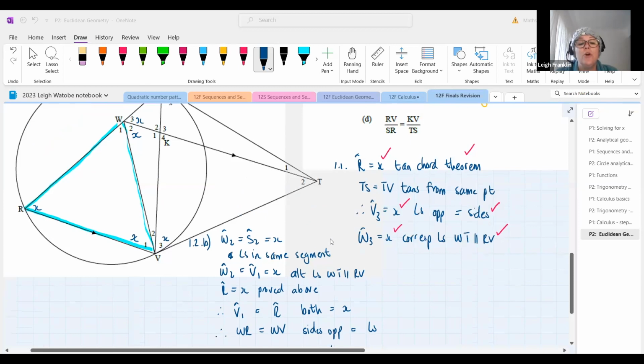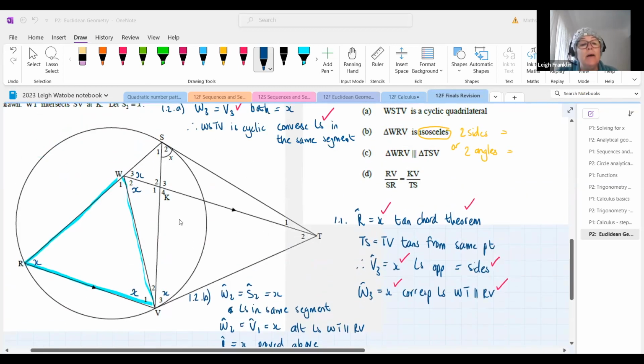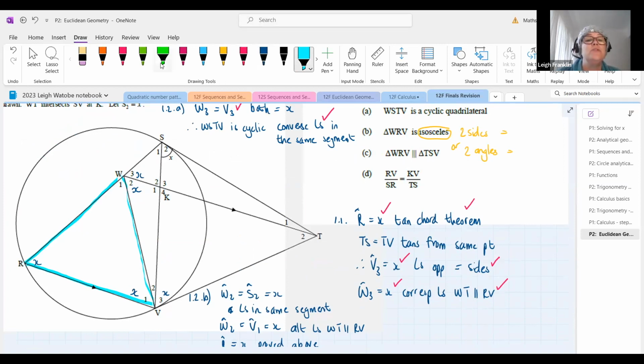All right, so just going through it one more time. We've got angle S2 that's equal to angle W2 because they are angles in the same segment. W2 is equal to V1 because they are alternate angles. They make a Z shape.